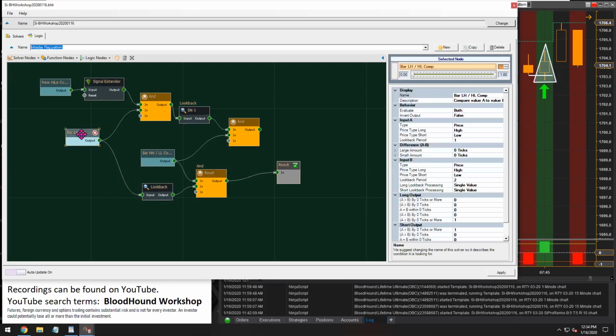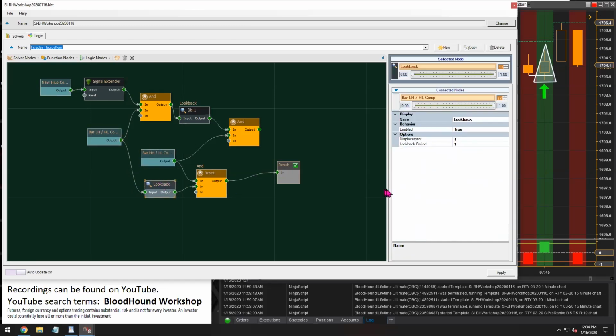Cool. Yeah, so what I've been able to do is, these two solvers here are looking for lower highs and higher lows. And basically I have this look back node, which is providing a displacement, or a 1 bar delay. So it's doing a displacement of 1 bar, which is a 1 bar delay.